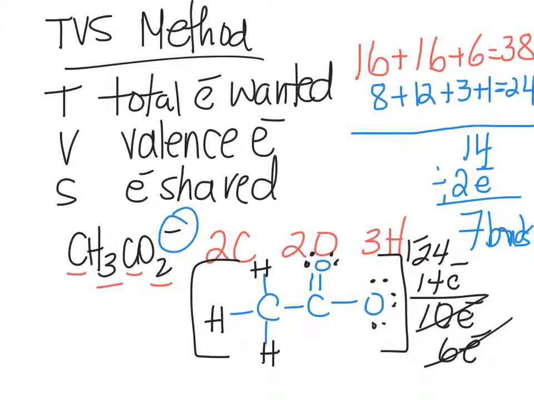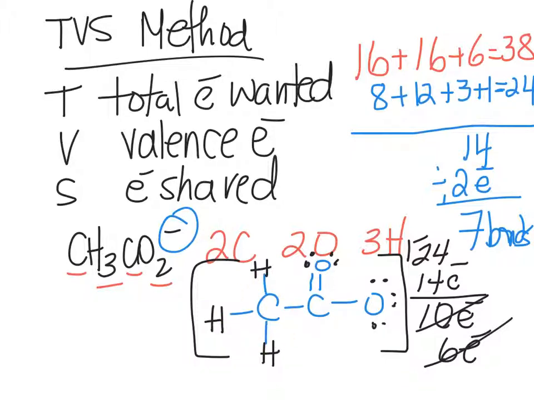Put it in square brackets with a 1 minus charge. We double check. There's 2, 4, 6, 8, 10, 12, 14, 16, 18, 20, 24 electrons used. Everybody is surrounded by the correct number of electrons.